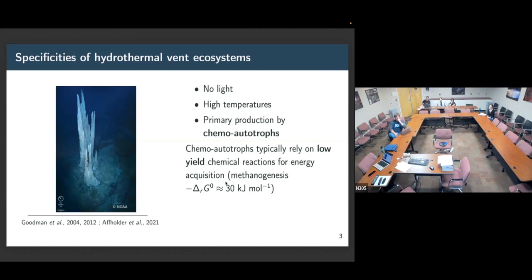And those typically yield low amounts of energy, orders of magnitude less than, for example, respiration, the oxidation of organic matter using the oxygen that we use as a source of energy. So for example, for methanogenesis in standard conditions, we are at about 30 kilojoules per mole, so barely enough to produce 1 mole of ATP, whereas respiration is in the order of million joules per mole.